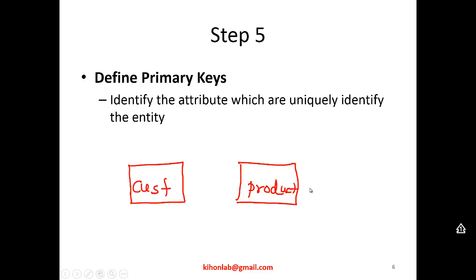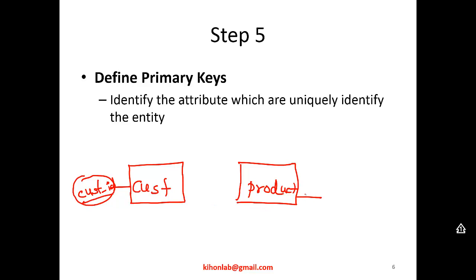Customer is uniquely identified by his ID, customer ID. No two customers have the same ID. So customer ID is the primary key and it is represented in underlined format.